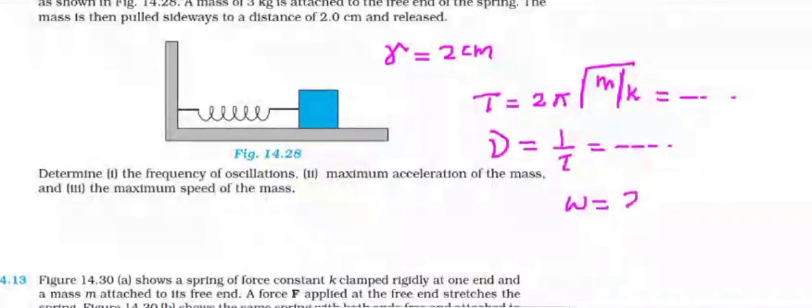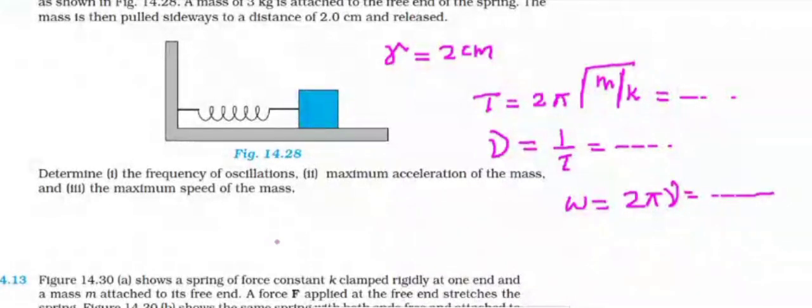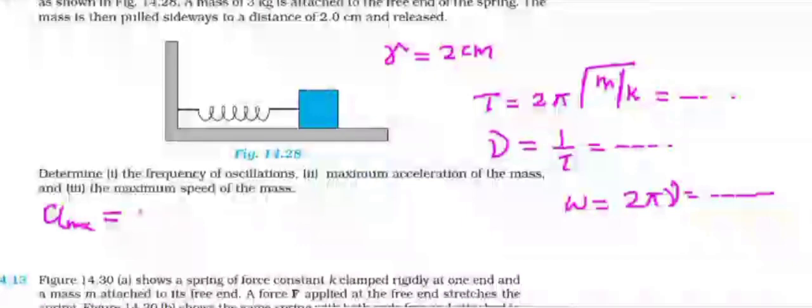Now maximum acceleration. Once you get frequency, then you can calculate the value of omega. Omega is equal to 2 pi nu. So you will get the value of omega. Once you get the value of omega, you can calculate the maximum acceleration. A max is equal to minus omega square r.